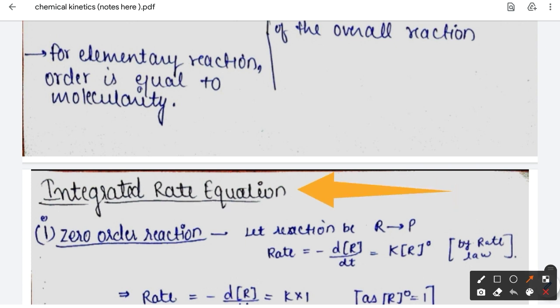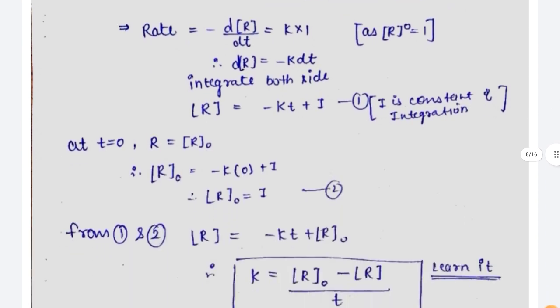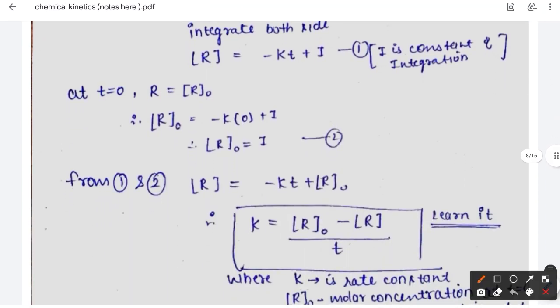Next, one of the most important topics is the integrated rate equation. This is the most important topic of this chapter. We will study the integrated rate equation for zero order and first order. For zero order, we got this formula.